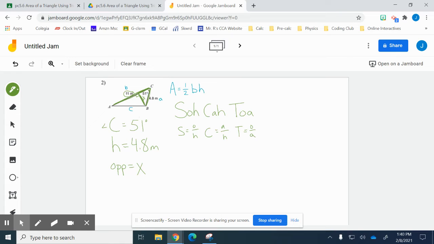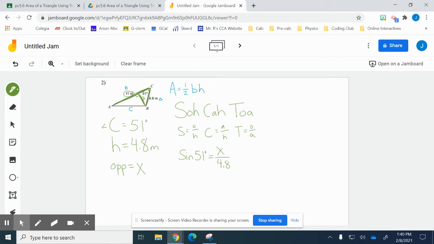So we know the hypotenuse, we know an angle, and we want to find the opposite, so sine is what we're going to use. So we're going to say the sine of 51 degrees, that's the angle, right, equals the opposite, that's what we don't know, over the hypotenuse, which is 4.8.